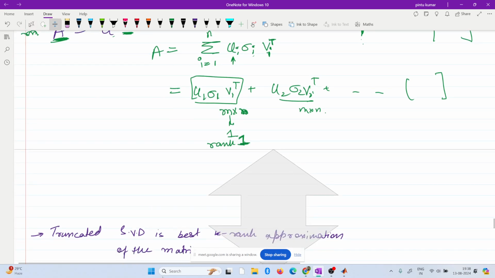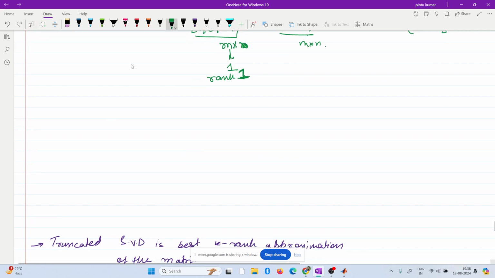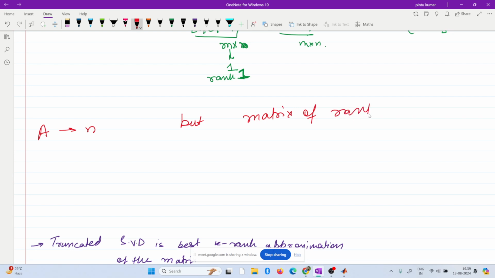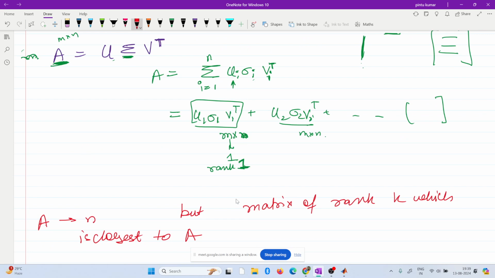Now the problem that I want to solve is, let's say I have a matrix A which is of rank n, but I just want a matrix of rank k which is closest to A. So I want the matrix to be of rank k, and I want it to be as close as possible to A. How do I find such a matrix?